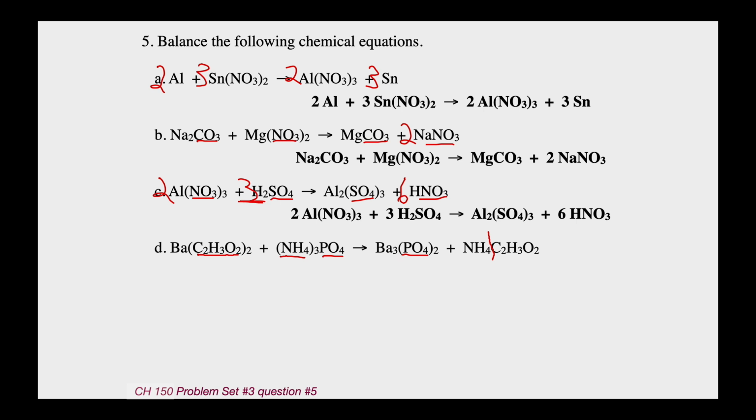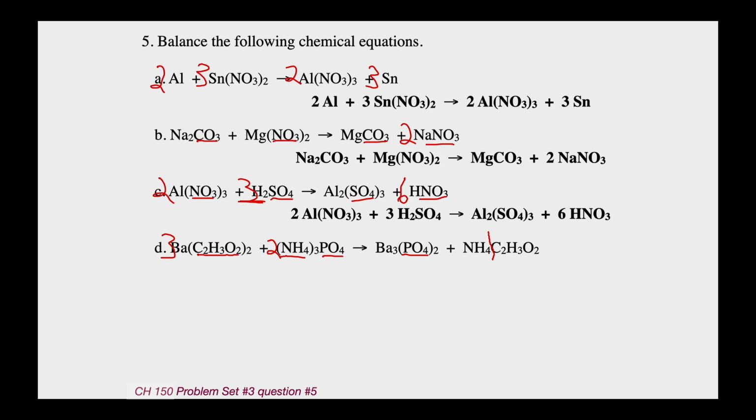So like before, keep the polyatomics together. Let's deal with the phosphates first. The product side, barium phosphate, has 2 phosphates, so we're going to have a 2 right there. Also, the barium phosphate has 3 bariums, so you're going to have a 3 right there.